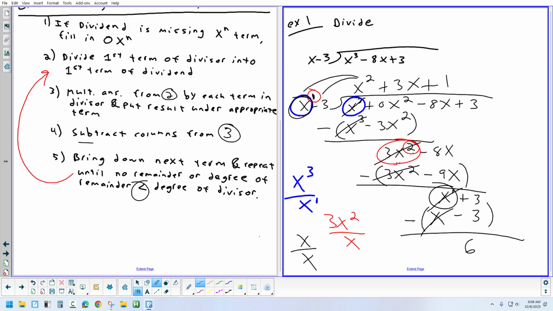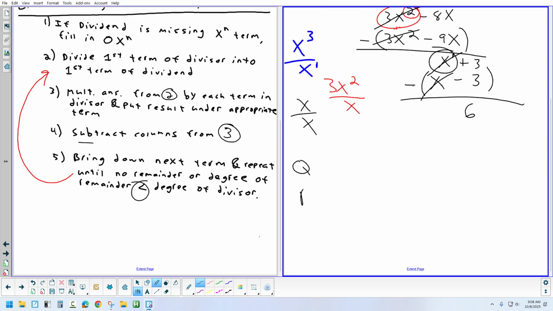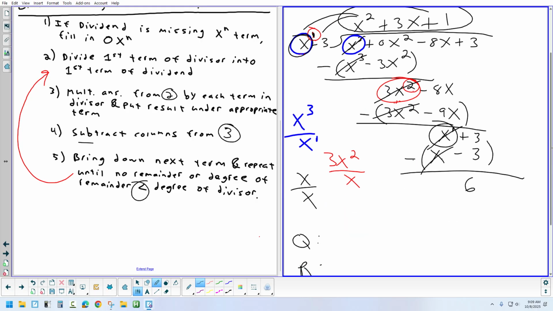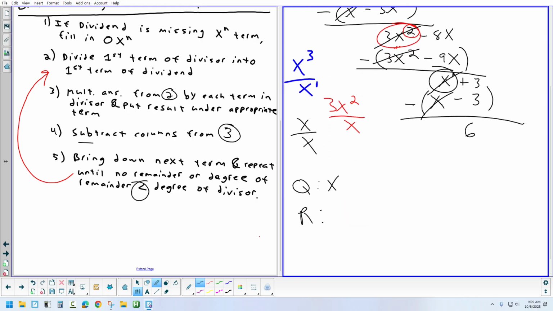6. So now, how would we write our answer? Okay. 2 ways. We can write it as quotient and remainder. The quotient is what you have on the top, x squared plus 3x plus 1. And the remainder is 6.